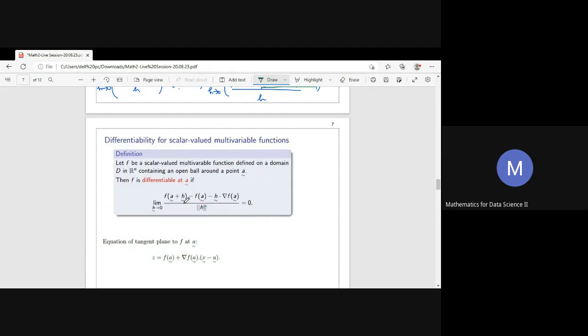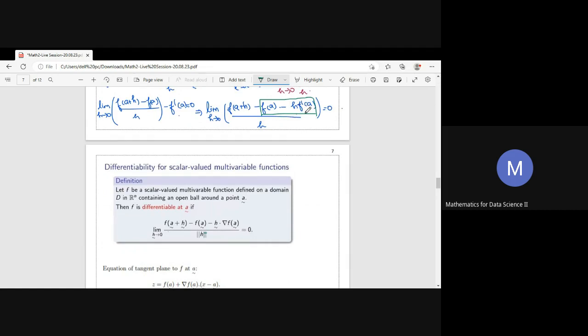So f of a tilde plus h tilde minus f of a tilde minus h tilde dot del f of a tilde. Just compare these two expressions. In place of the derivative, you have the gradient, and in place of h, you have the vector. Since there they are scalars, you straight away multiplied, and here they are vectors, so you do the dot product.